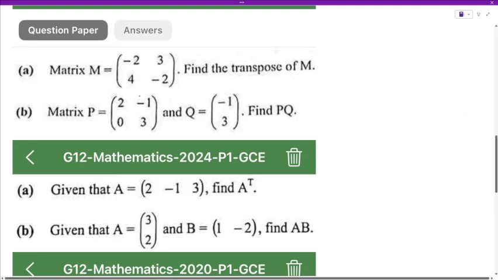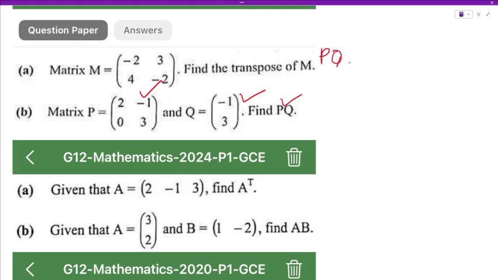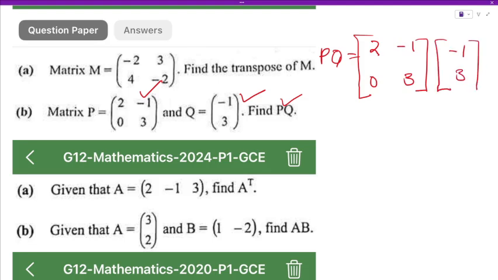where they have given us matrix P and matrix Q. They're asking us to find PQ. So we're going to say PQ is equal to, we first list matrix P, which is 2, 0, -1 and 3. You close, and then you go to Q, which is -1, 3. So it's going to be row by column.